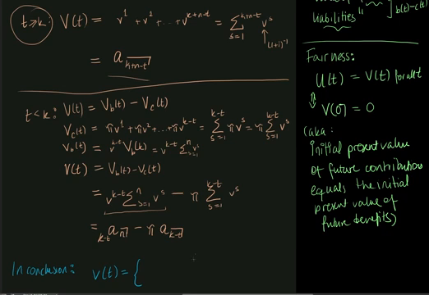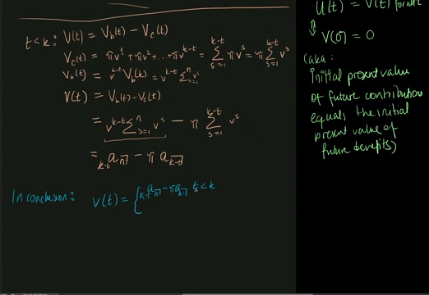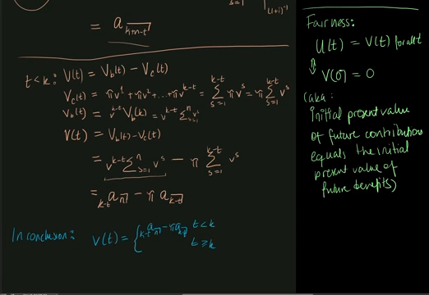When t is smaller than k, it is equal to the deferred annuity k minus t, a n, minus pi a k minus t, and when t is greater than or equal to k, we may see up here that it is equal to a k plus n minus t.